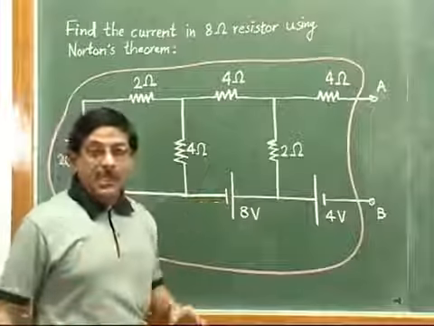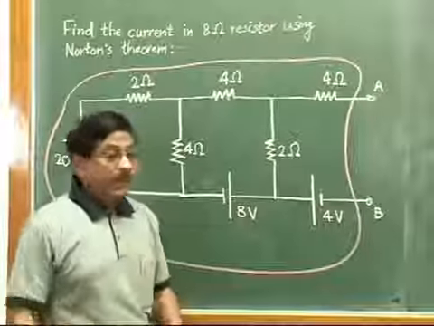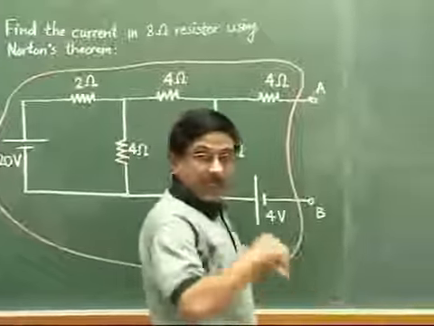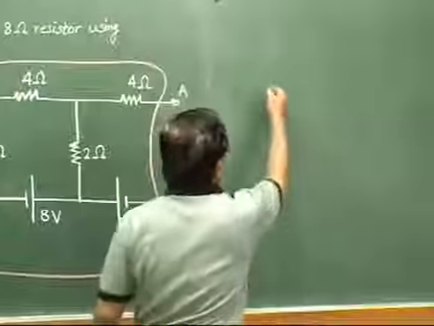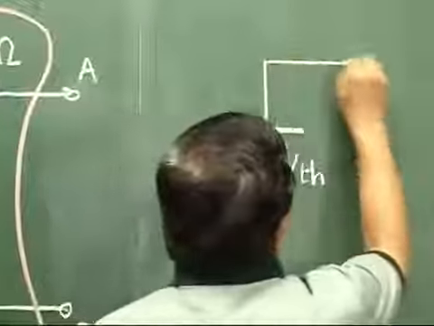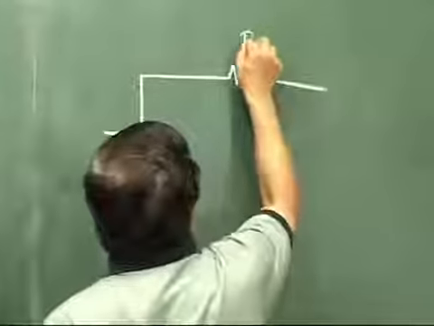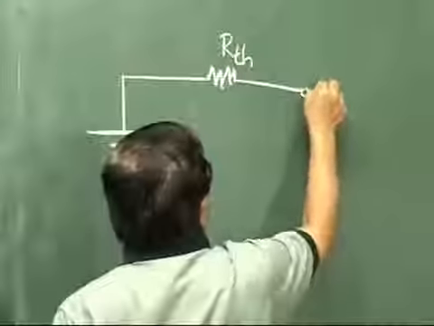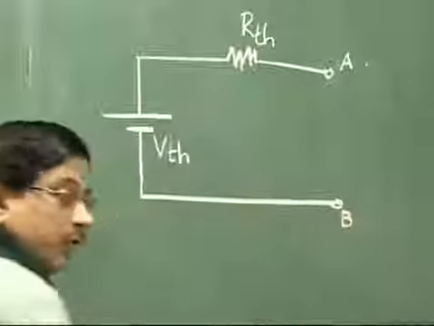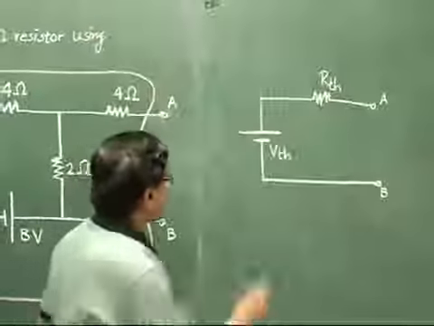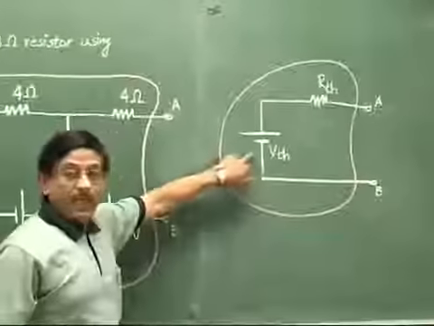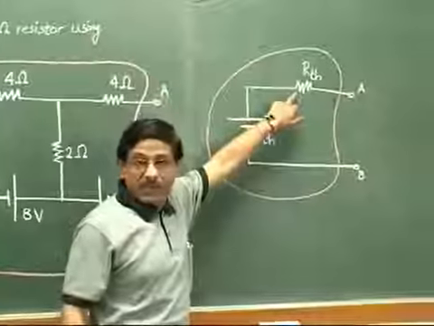In Thevenin's theorem, we converted the circuit in the red space in terms of an equivalent voltage source VTH, called the Thevenin's voltage, and then one single equivalent resistance RTH, with this point A and this point B. So the entire circuit in this box was finally represented with a single equivalent voltage VTH and a single equivalent resistance RTH.